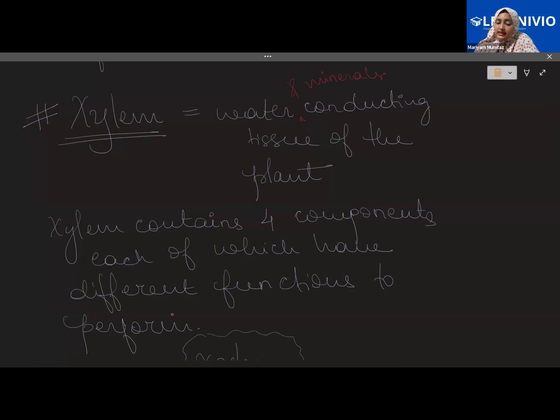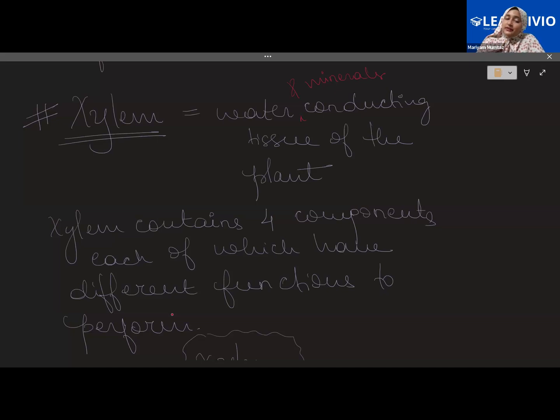Now, like I told you, since xylem is an example of a complex permanent tissue, the components present in the xylem, meaning the several different cells which come together to make the xylem, will all be different.